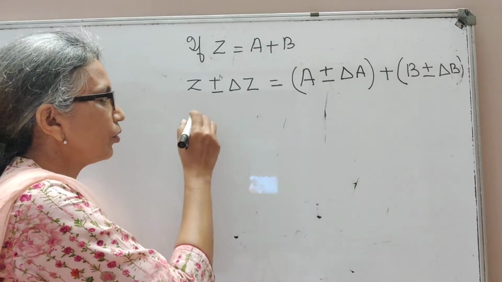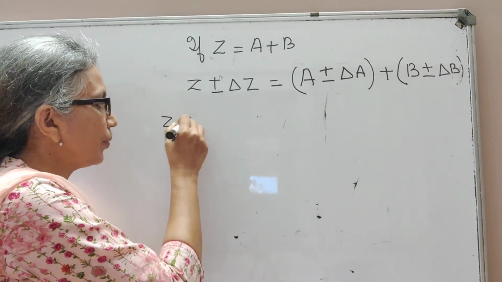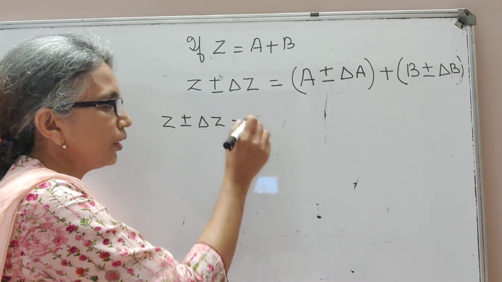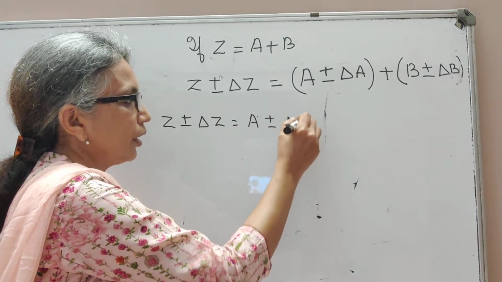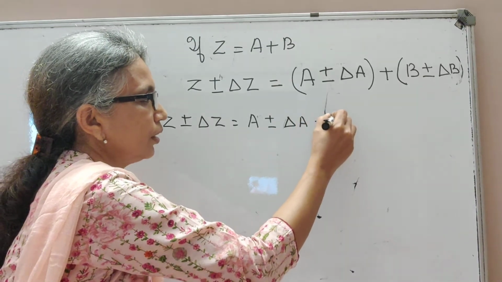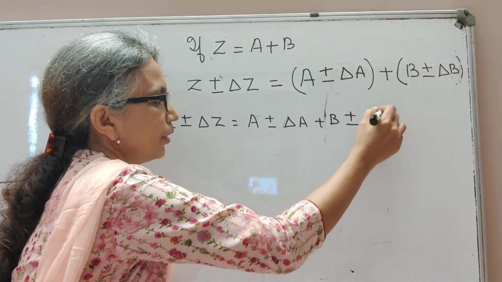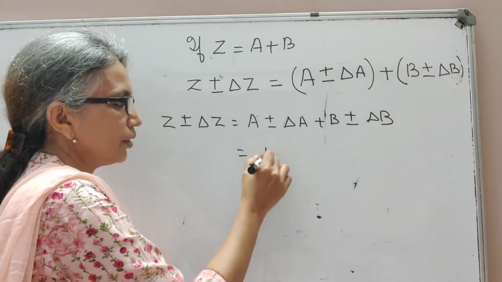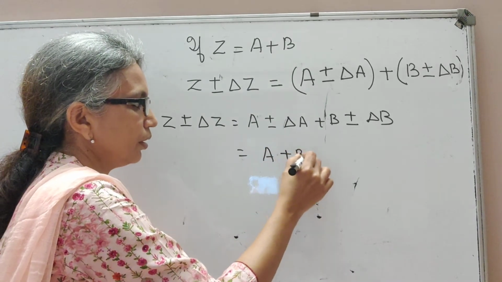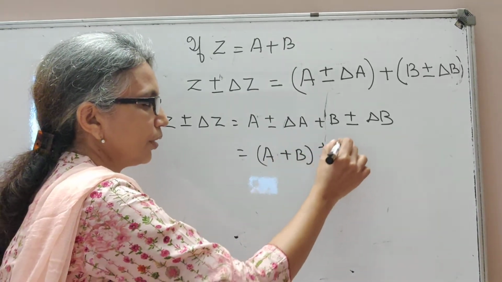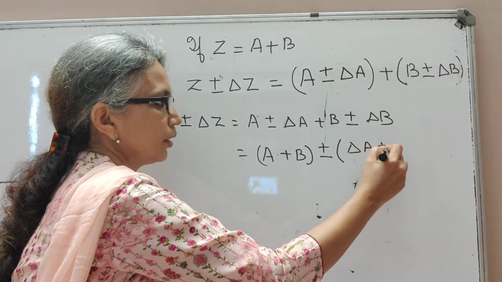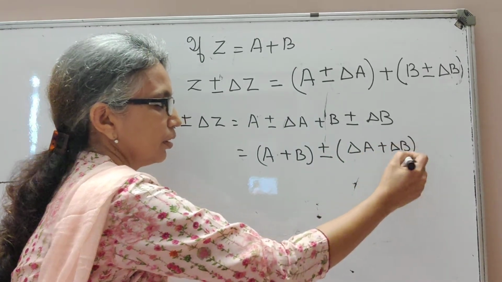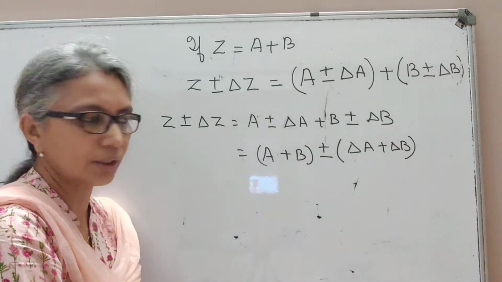Okay. Now I'm going to open the bracket. Z plus or minus delta Z must be equal to A plus or minus delta A plus B plus or minus delta B. I combine this A plus B together. Plus or minus I take outside, and here you have delta A plus delta B. I took the plus or minus outside.